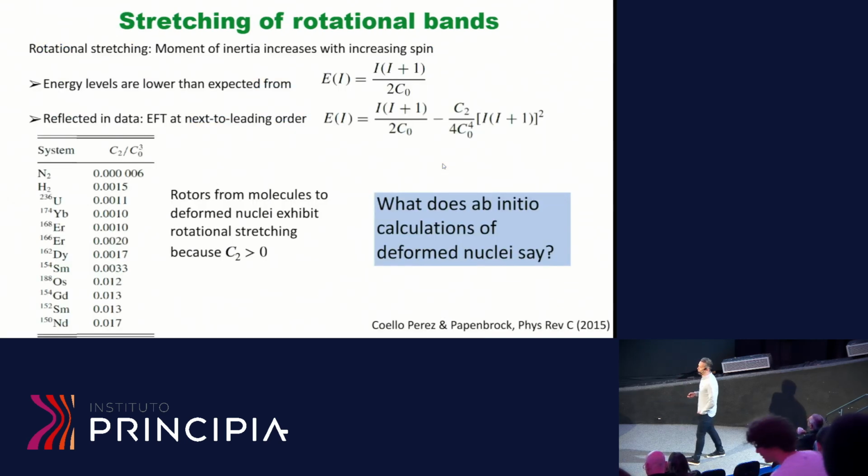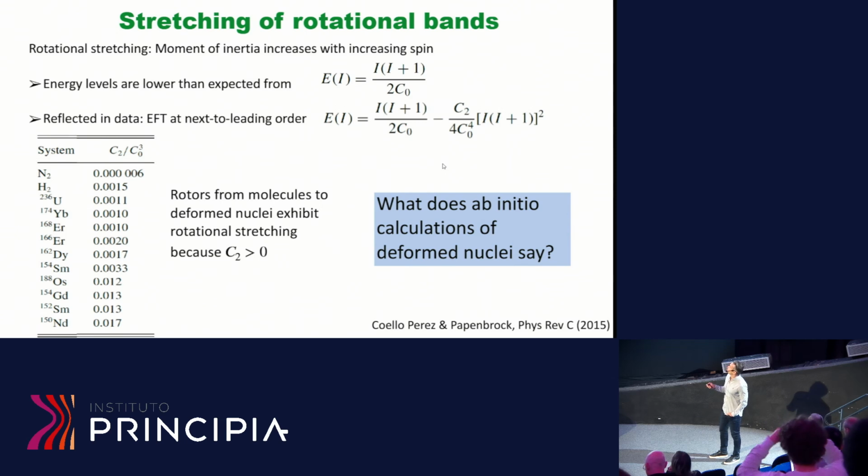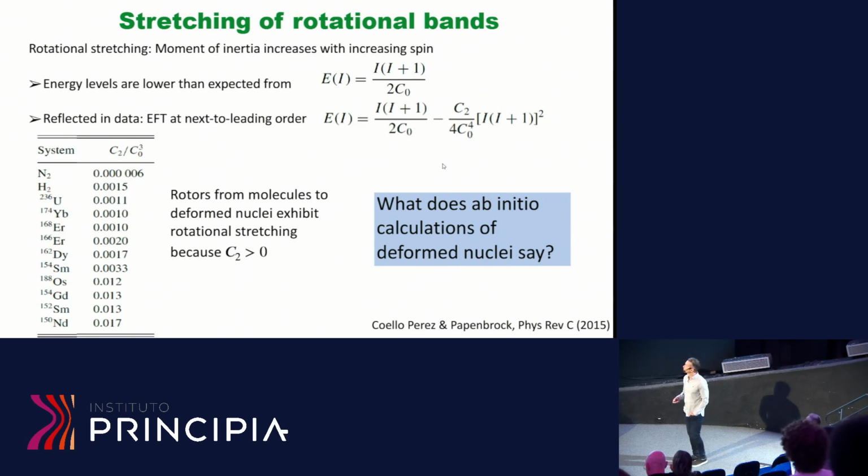Also, there's something called rotational stretching, and this is from an EFT model of my collaborators Thomas Papenbrock and Eduardo Coello Pérez. For about a decade now, they've developed effective field theory for deformed nuclei. What is known from data is that the higher spin states of a rotational band have a larger moment of inertia than expected from this simple leading order formula.